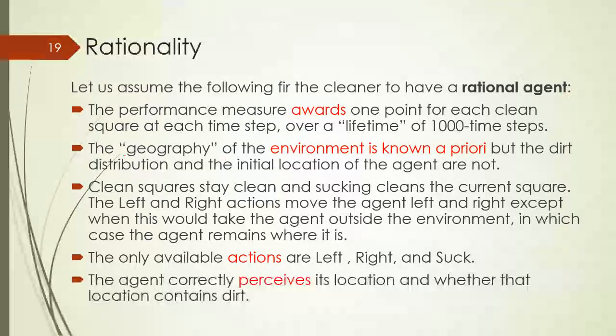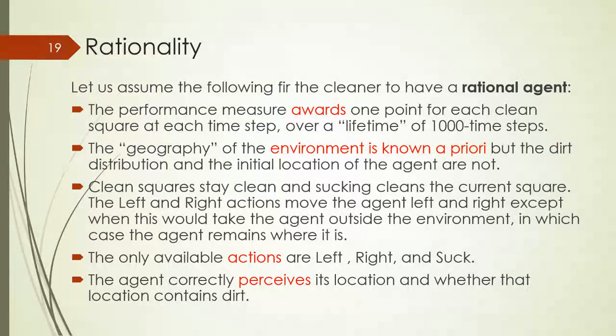The geography of the environment is known a priori. We already know that. Here's another point: our agent already knows what the environment looks like. It has 2 squares. It moves from left to right, right to left, to go from one square to the other one.